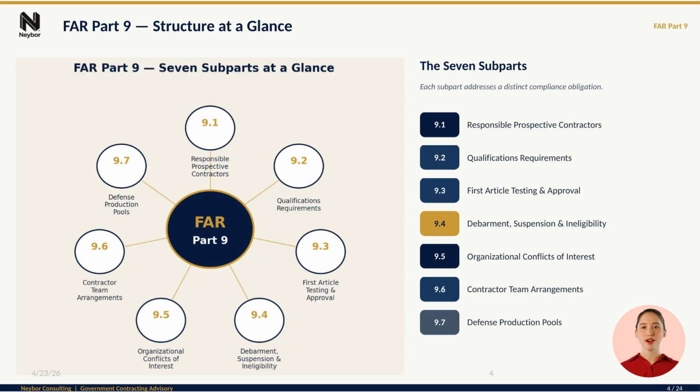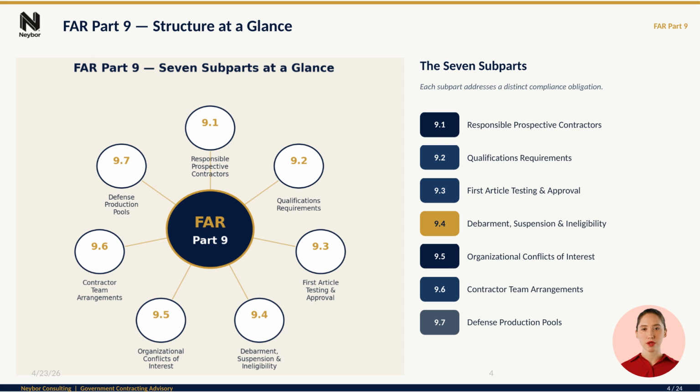At a glance, Part 9 is organized into 7 subparts, shown here radiating out from the central hub. The first 3, 9.1, 9.2, and 9.3, address affirmative qualifications. Is this contractor responsible? Are their products on the approved list? And does their first production article meet spec?